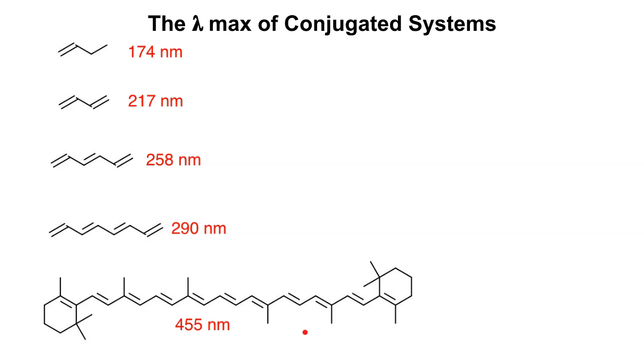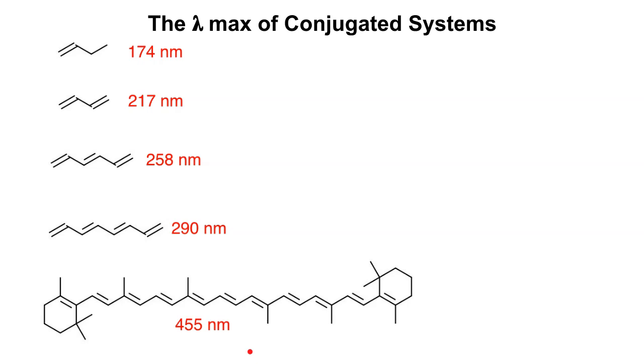So if we're talking about 400, 450, anywhere in that region, you're talking about the violet bluish region, which is what beta-carotene has here. And because of that, it's absorbing the violet blue, and it is reflecting, or it is showing, transmitting, the orange color, which is what we're picking up, and that's the complementary color to that violet or blue. All right, so that is how this works.